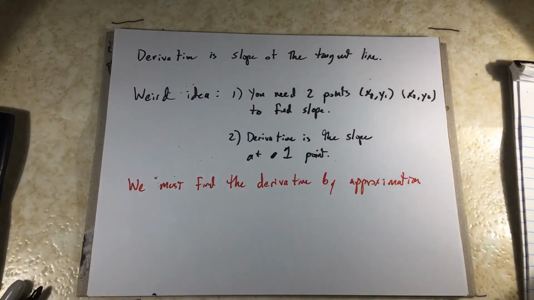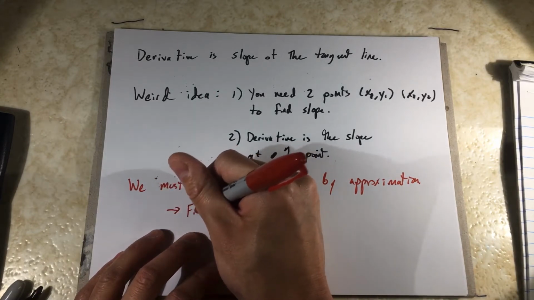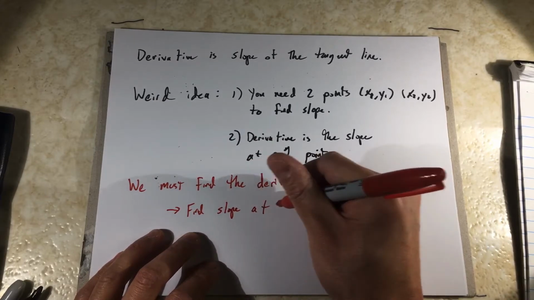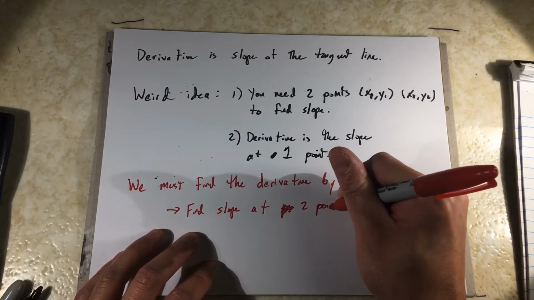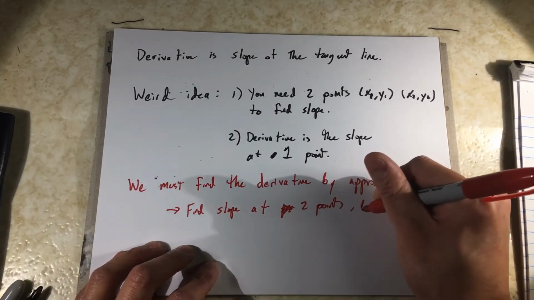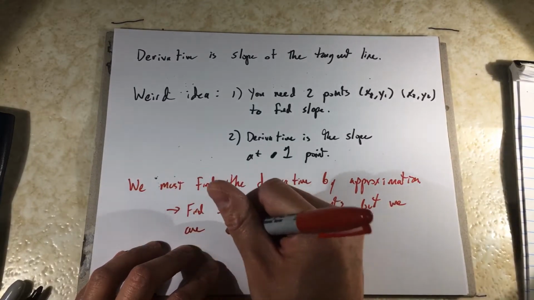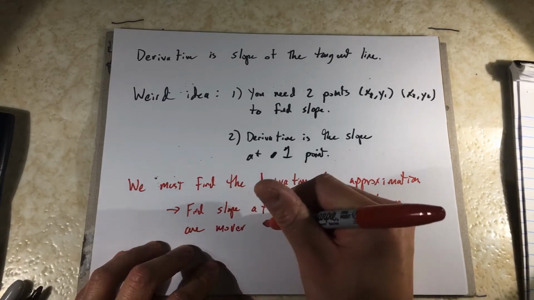Okay, so the whole idea behind this is that we're going to find the slope at 2 points, but we are going to move the points closer and closer together.